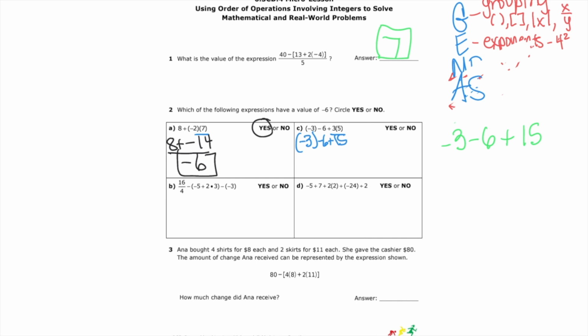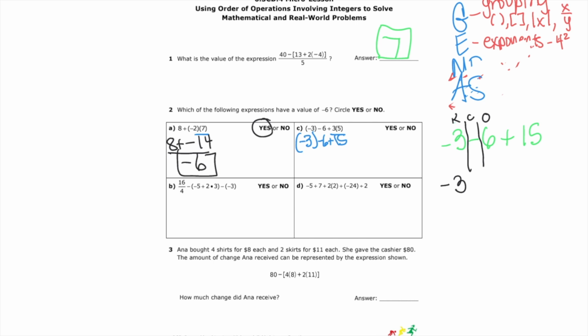When you're subtracting integers, I want you to remember the rule: you're going to actually add the opposite. I'm not going to worry about plus 15 right now, I'm just going to look at -3 minus 6. I like to follow the rule of keep, change, opposite, because remember, we're adding the opposite. So I'm going to keep that -3.